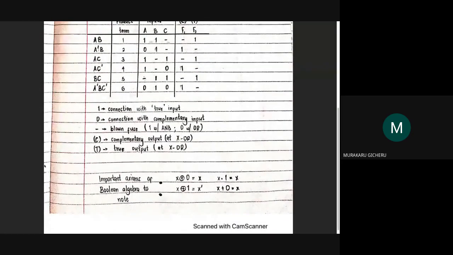So yeah, axioms to note: X XORed with 0 will just give you X. X XORed with 1 will give you not X. X AND 1 will give you X, and X AND 0 will give you 0.